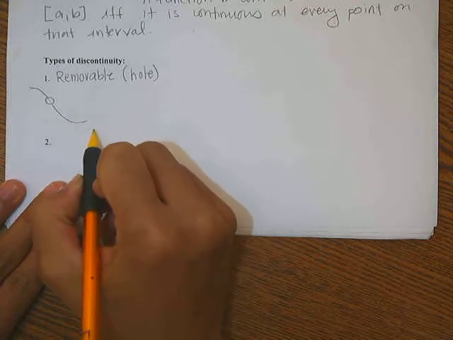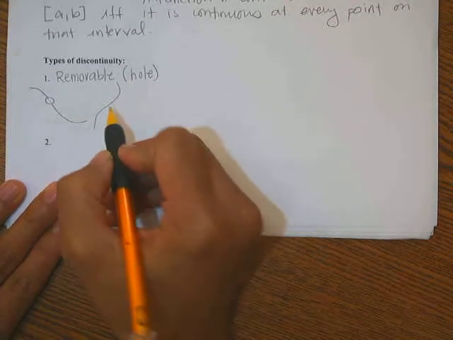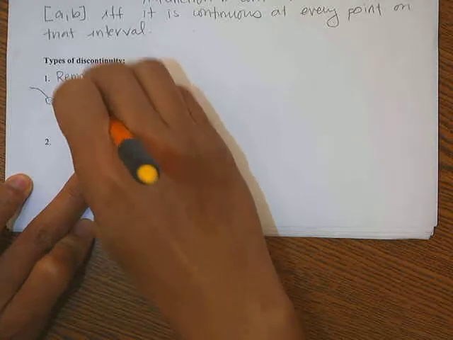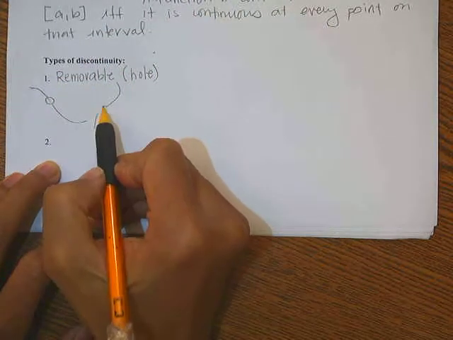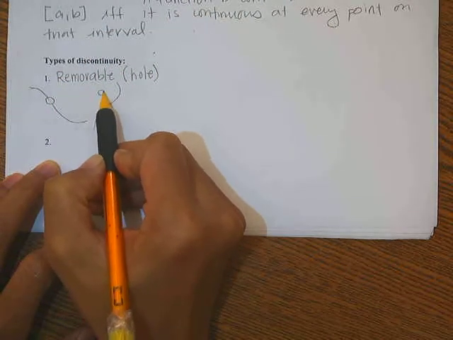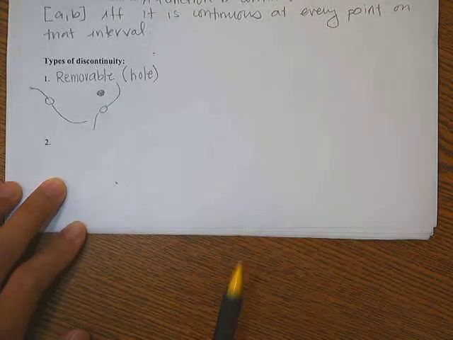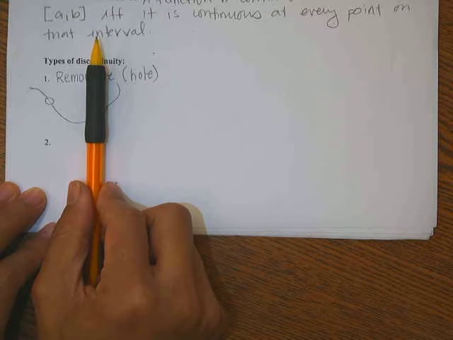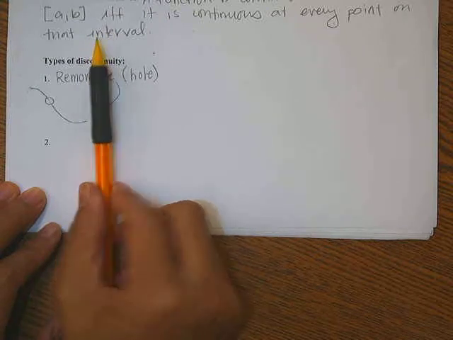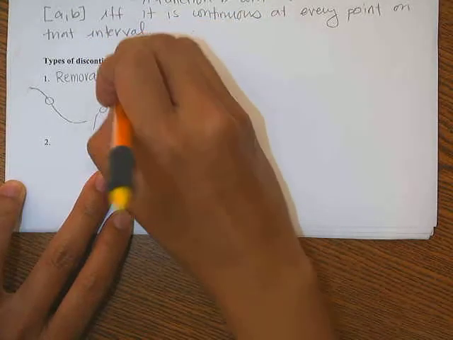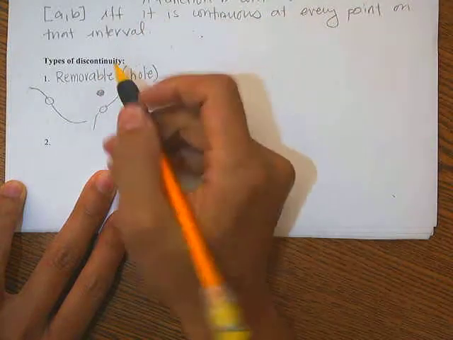Or I can have something like this. Let's put in a hole right here, and right above it there is a closed dot. This is still a function because it passes the vertical line test. Let's make this not curve back, because if it curves back, then it's not a function.